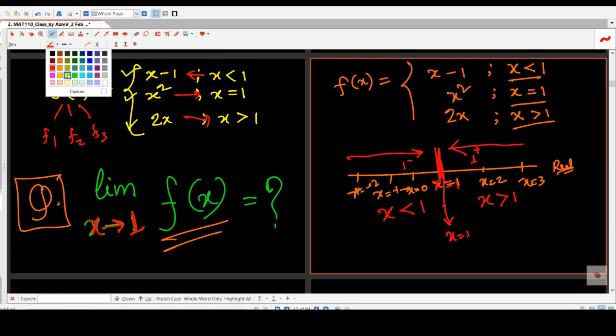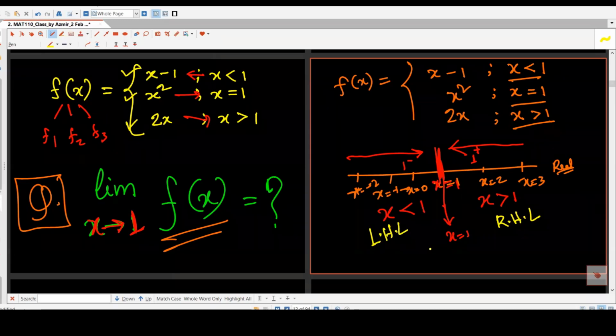So we have to understand which part is the rightward part, which part is the leftward part, and which part is the equal one. We have already figured out that the right portion works as the right-hand limit, the left portion applies in the left-hand limit, and x equals 1 will denote this function.